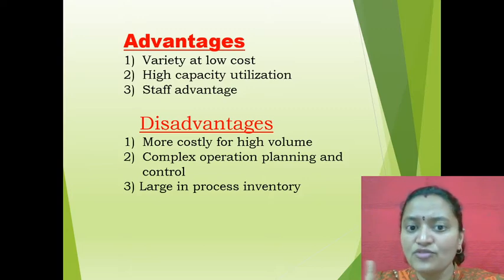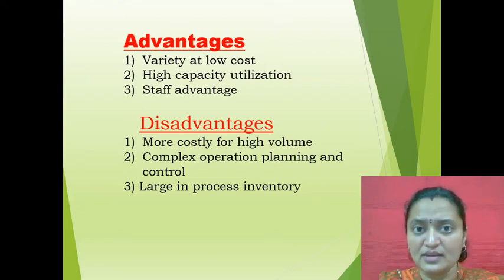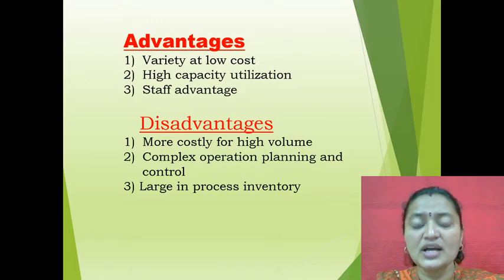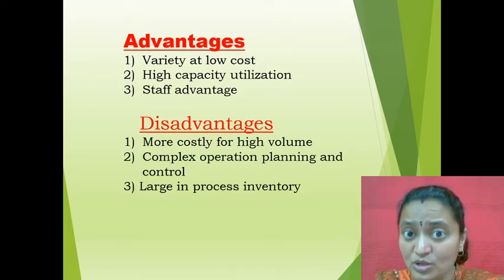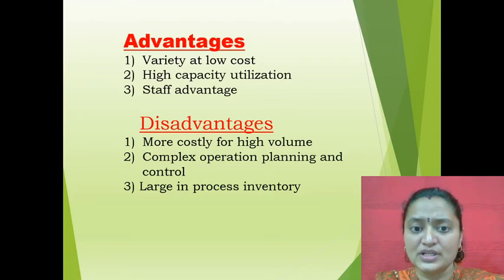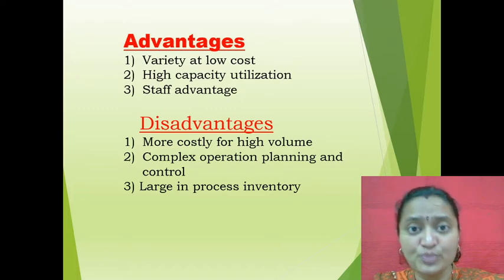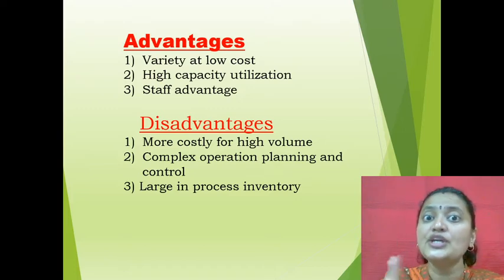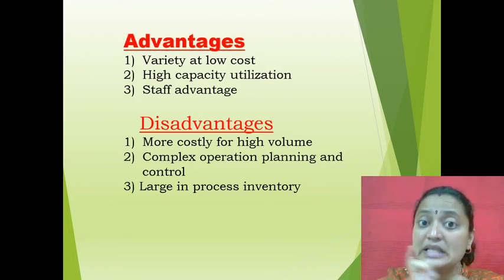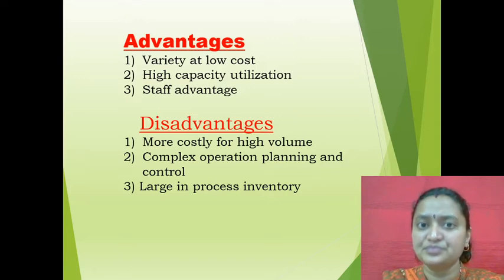More costly for high volume. Now what do you mean by that? This is related to the machines. The machines which are there are less expensive, and they produce inferior quality products. Usually, whichever machines you purchase, you need to check whether the quality of that machine is inferior or superior.